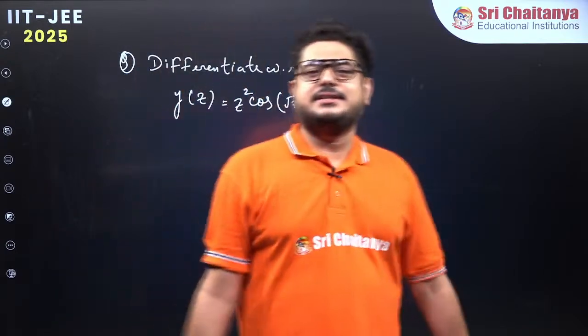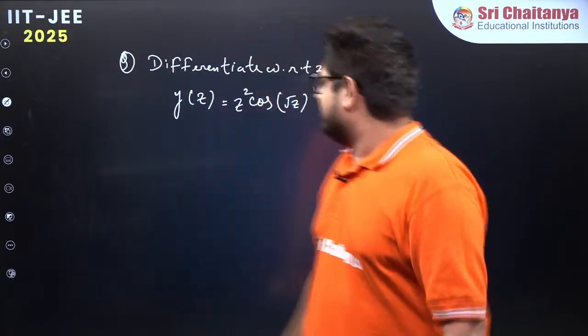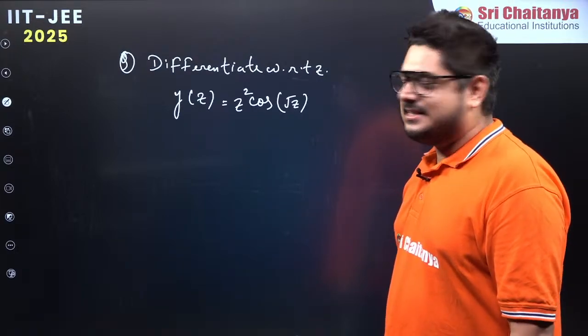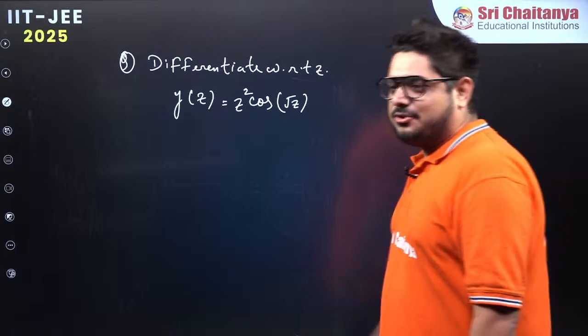Can you find it out? This is the question, everyone. Y as a function of z this time, and this is z square. What do you think it's going to be?